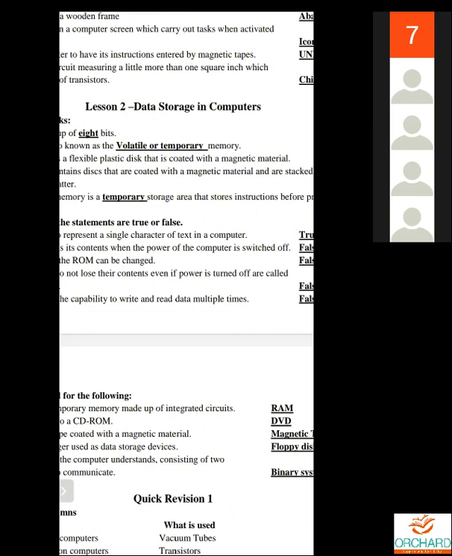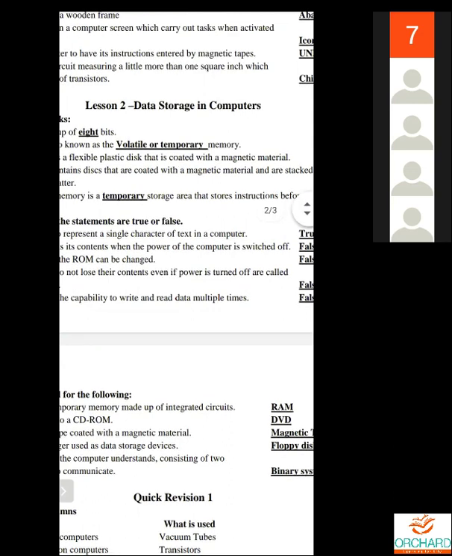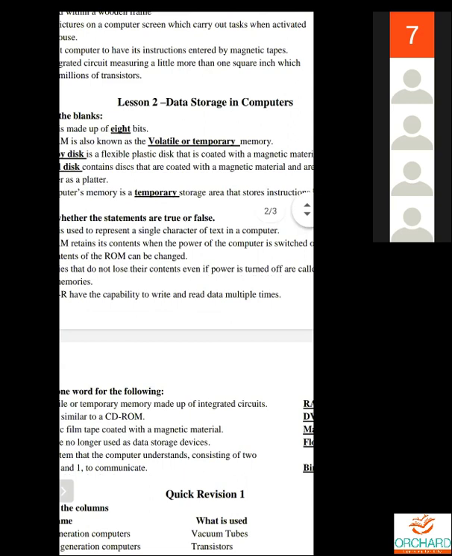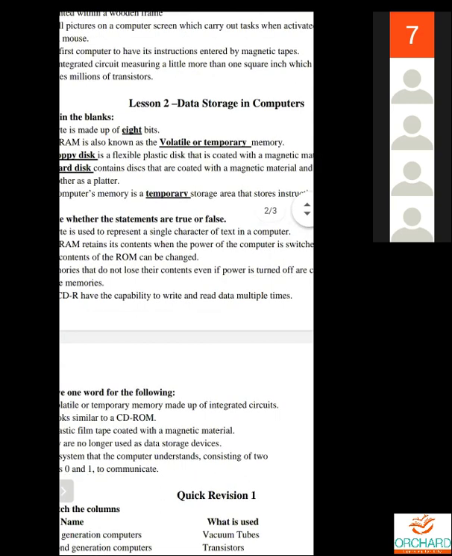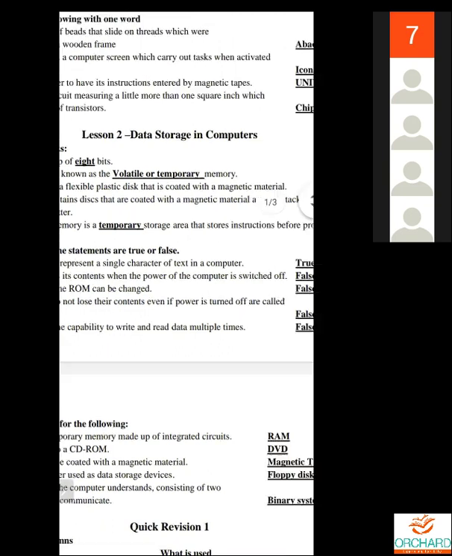So everything is wiped off from the computer. That is called a volatile memory. But they have given here that memories that do not lose their contents even if power is turned off are called volatile memory. So the statement is false.